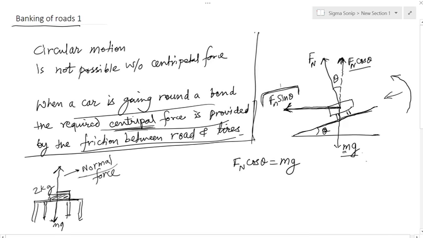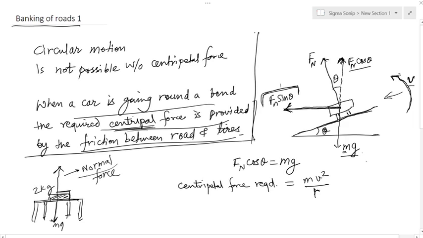Now our car is going around the bend with a speed of v. So what's the centripetal force needed for the car to go around the bend? The centripetal force required is equal to m v square over r, where r is the radius of my circular path and v is the velocity.